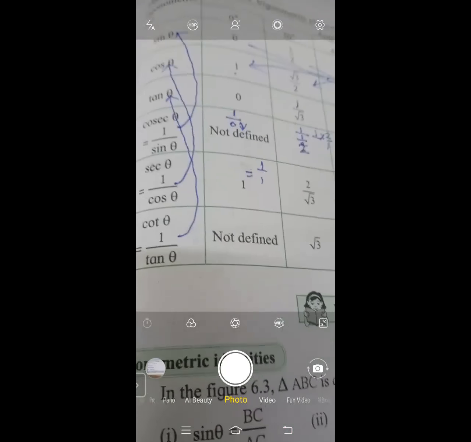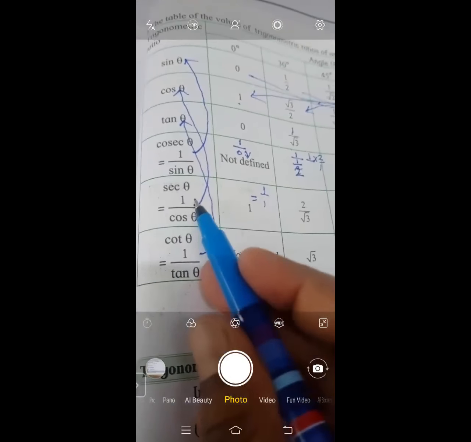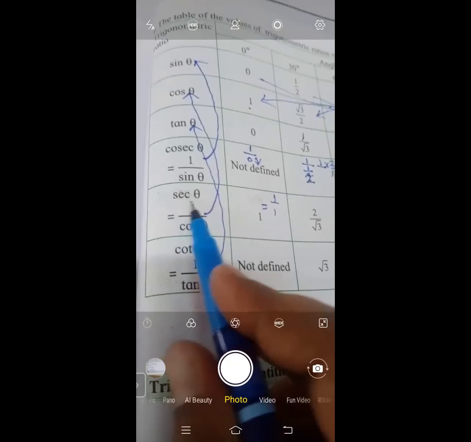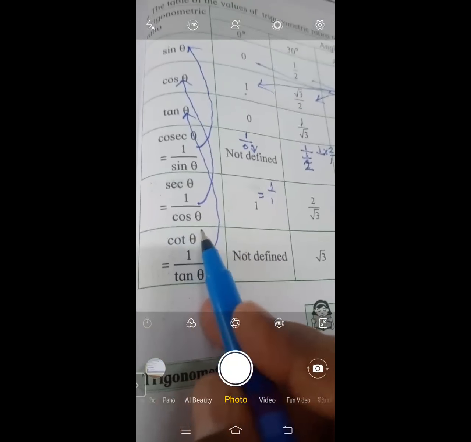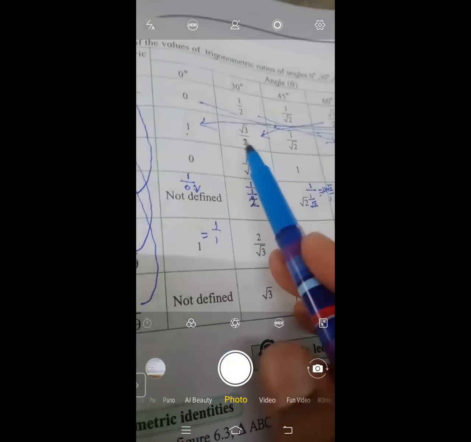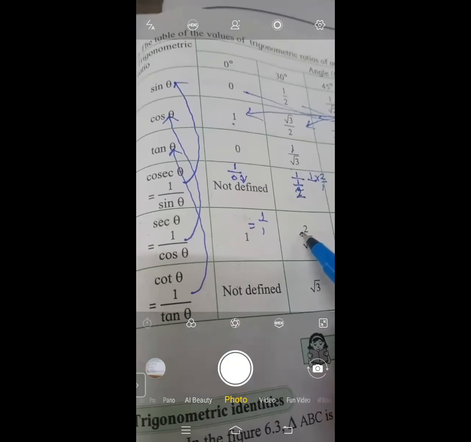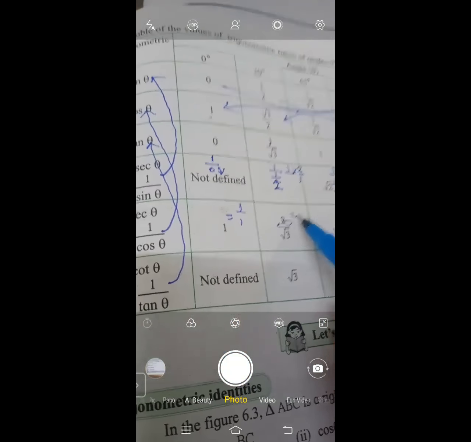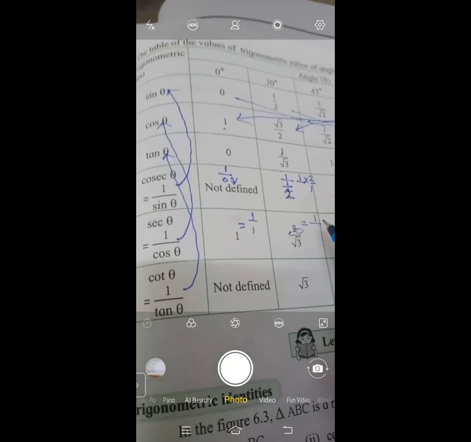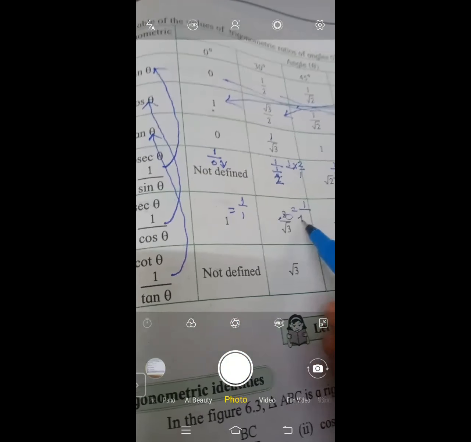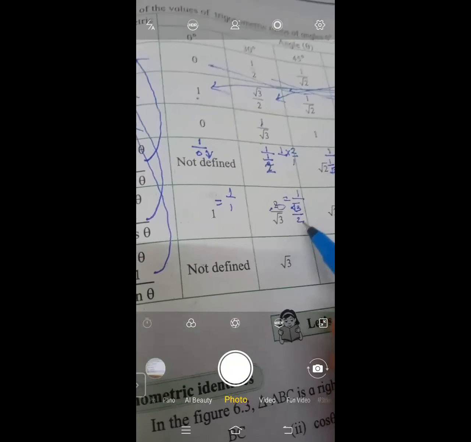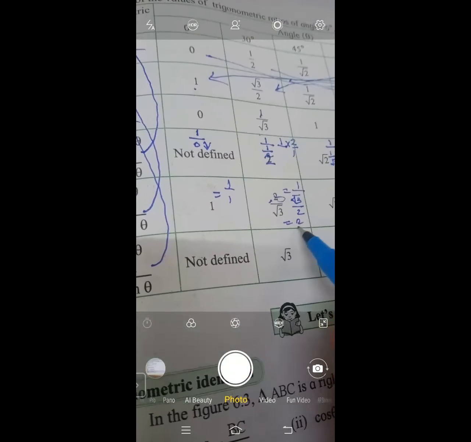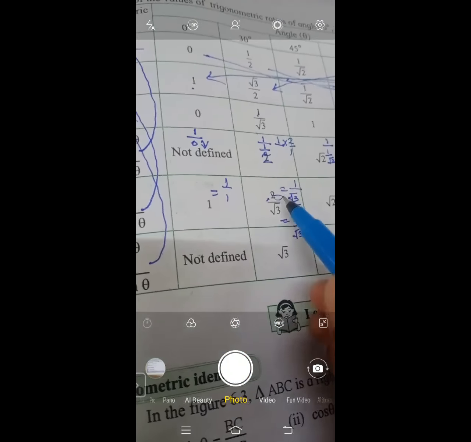It's nothing but remembering these ratios which helps us to formulate the row for sec theta. Now it is sec 30 degree. For sec 30 degree, we are going to write 1 upon cos 30. So cos 30 is root 3 upon 2. Taking the reciprocal of root 3 upon 2 gives 2 divided by root 3.